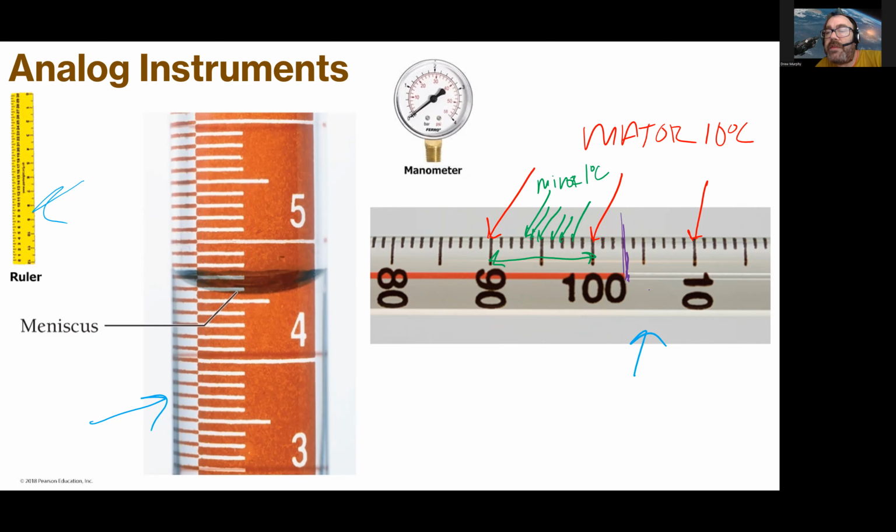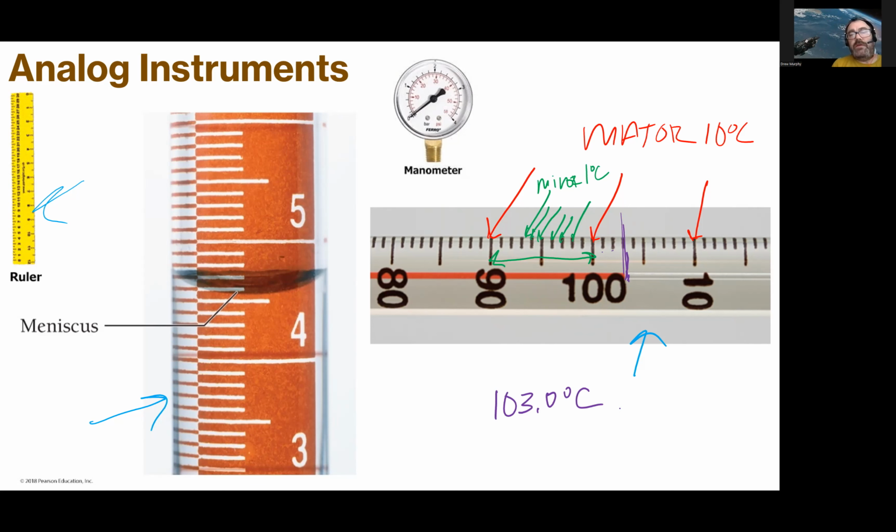Whatever. It's probably right there. We could say, okay, it's more than 100. 1, 2, 3. It's probably 103. And it's right on the line there, so we can say it's 103.0 degrees Celsius. This could be Fahrenheit, I don't know. I made it up.